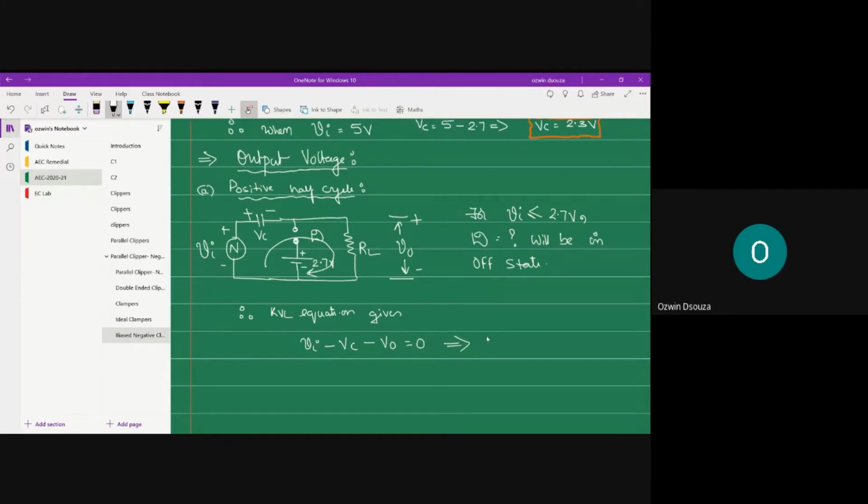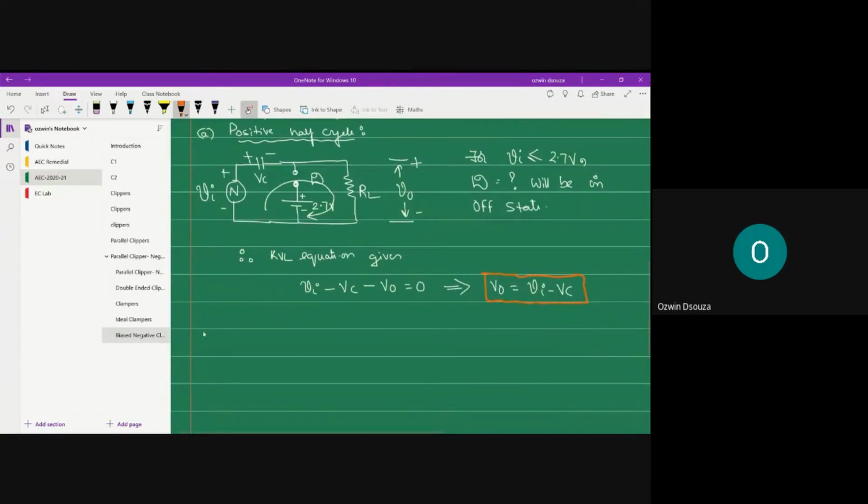That implies V0 is equal to VI minus VC. So this is your output equation for the positive half cycle. During the positive half cycle, when your input is 0, your output is 0 minus VC.